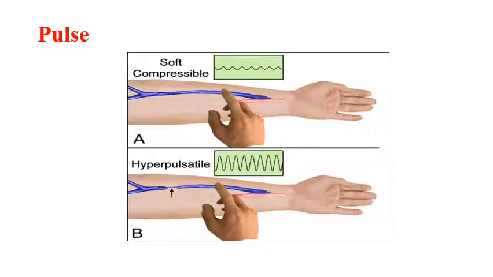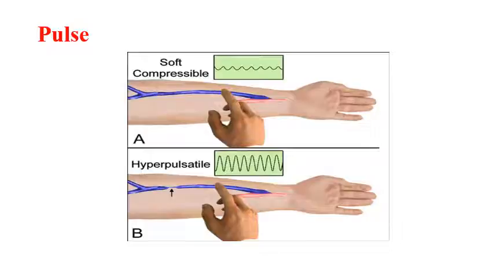First, to palpate the pulse, you have to use your finger. You can palpate the pulse over the AV fistula and the vein using the palmar surface of your finger. Usually, the pulse is soft and compressible over the fistula and the vein.